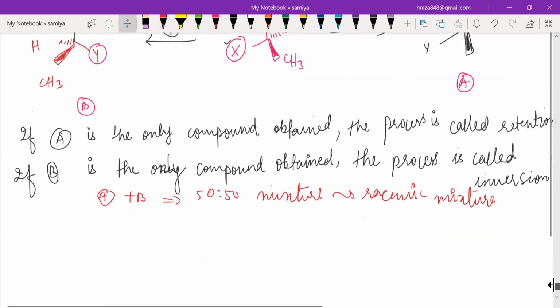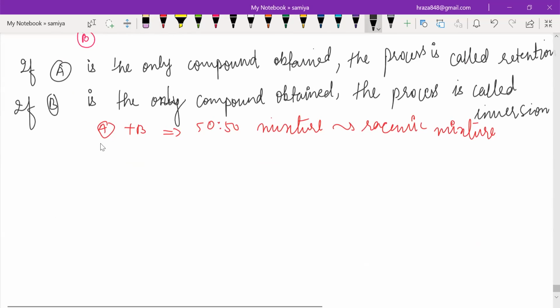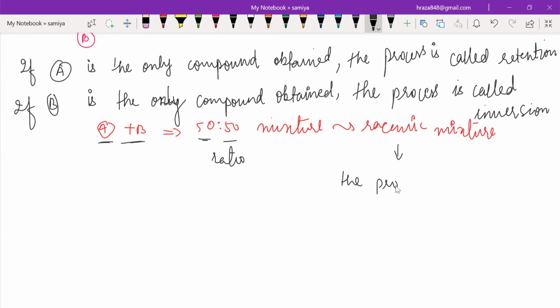Now see, what I was saying is that this A plus B, when mixed in 50 is to 50 ratio, the mixture is called racemic mixture, and the process is called racemization.